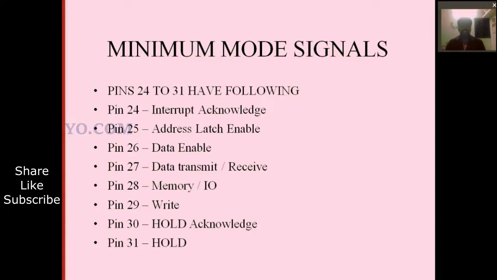Pin 28 is to select memory or IO, pin 29 is for write operation, pin 30 is hold acknowledge, and pin 31 is hold. These are the control signals used in minimum mode.